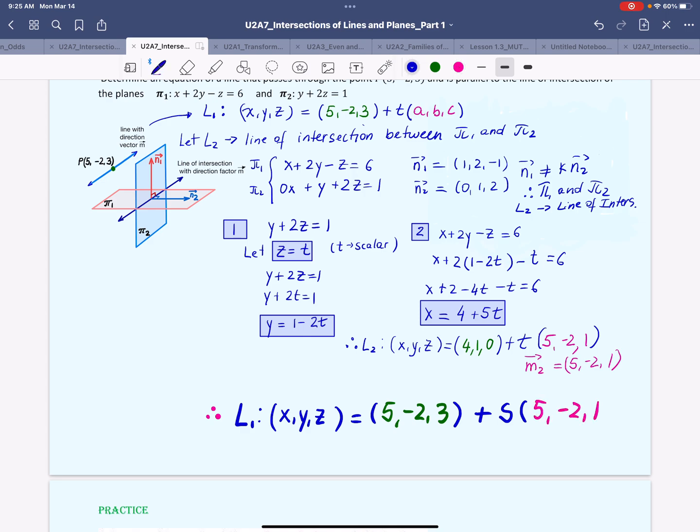Remember that this is a possible line or equation of a line because for the direction vector we can take any multiple of the direction vector 5, negative 2, 1. So this would be the equation of the line L1, which is drawn from some point outside of these two planes and is parallel to their line of intersection.